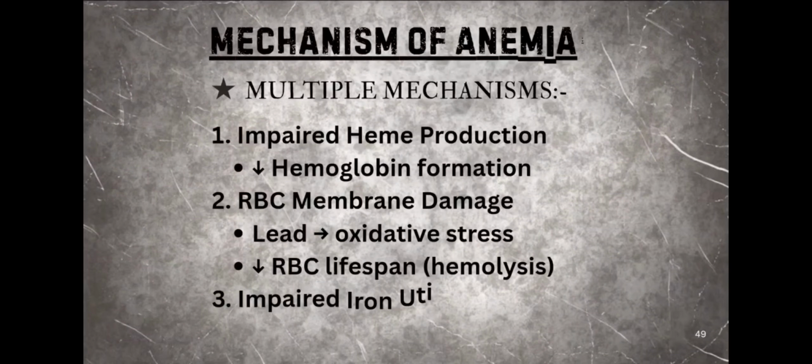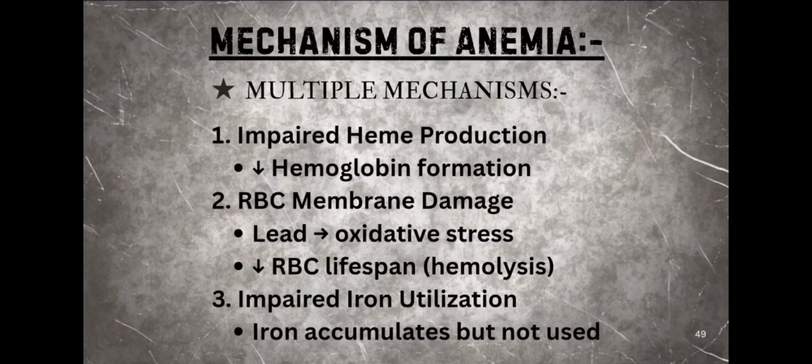Mechanism of anemia: impaired heme production leads to decreased hemoglobin formation, and lead causes RBC membrane damage, which leads to oxidative stress and reduced RBC lifespan, resulting in hemolysis. Impaired iron utilization: iron accumulates but is not used.